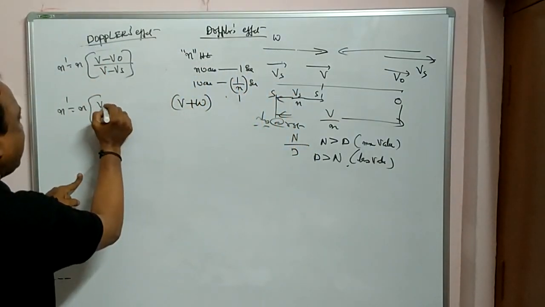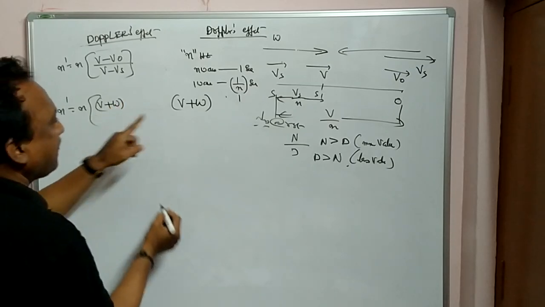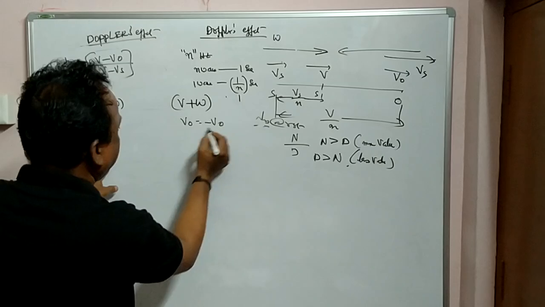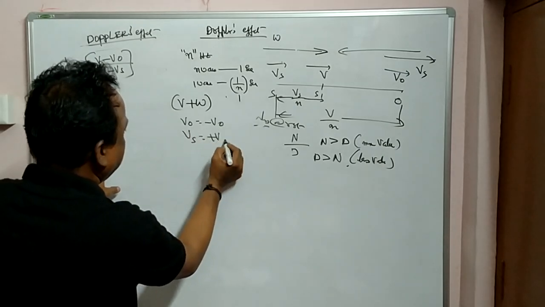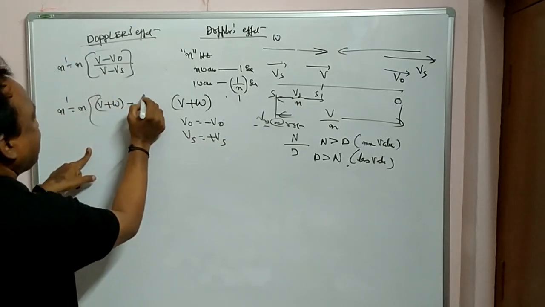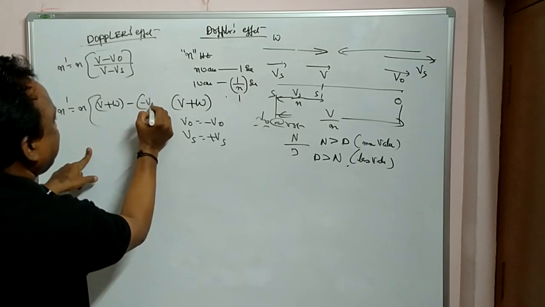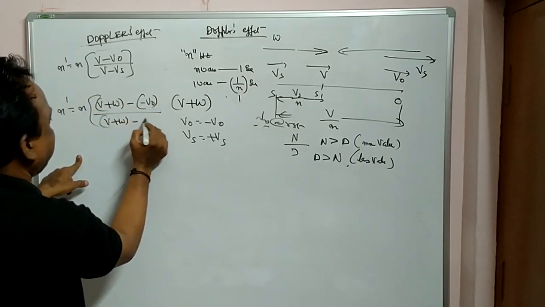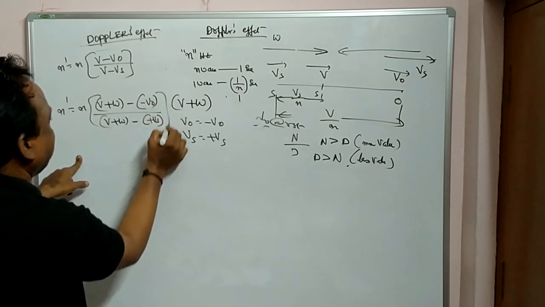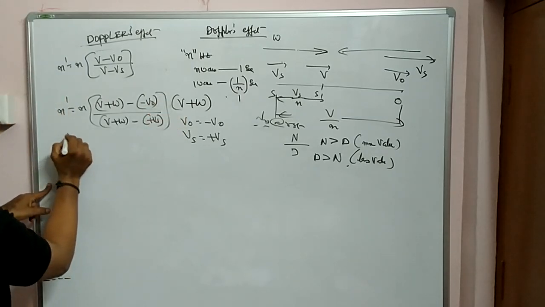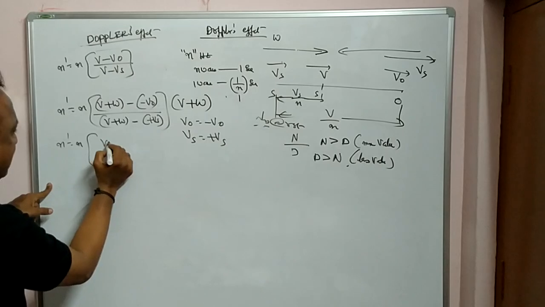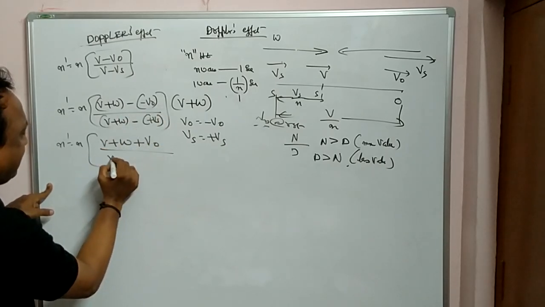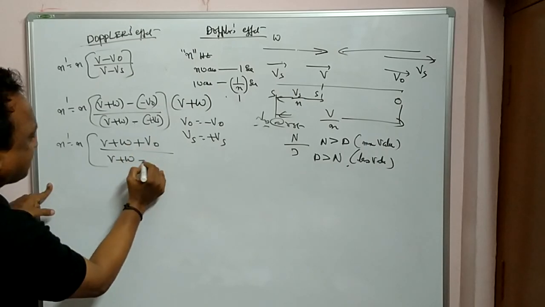So in the place of v, v plus w. Again it increases, but the numerator should be greater. So v0 is minus v0, and vs is plus vs. Substitute here: minus v0 by, again, v plus w minus plus vs. Therefore, the apparent frequency heard by the observer is (v plus w) minus into minus plus by (v plus w) plus into minus minus.